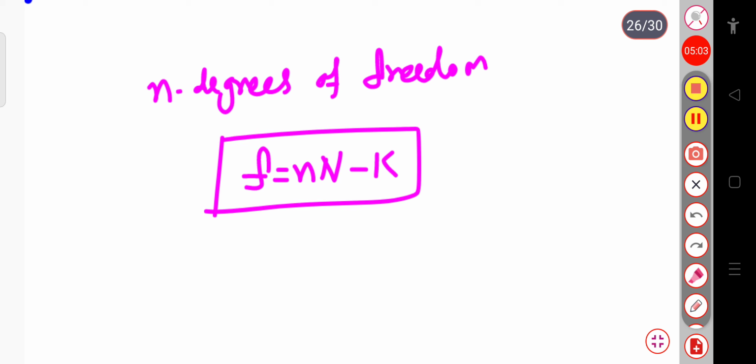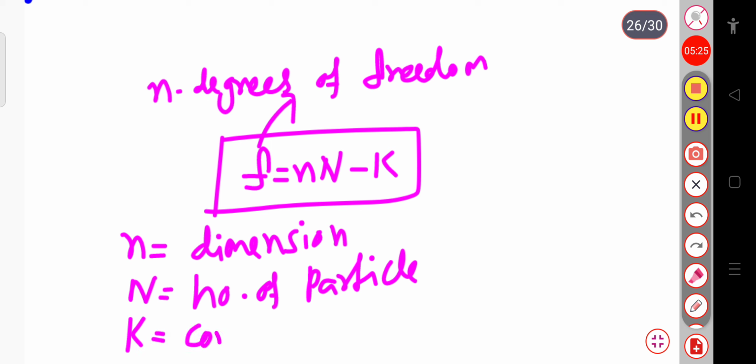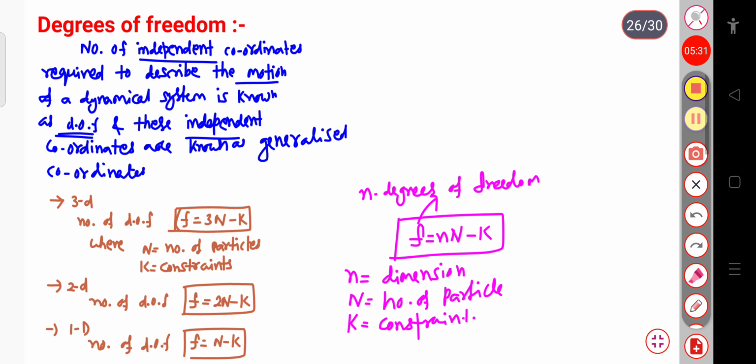Okay, F represents the degrees of freedom, small n represents the dimension, meaning 1D, 2D or 3D, this capital N represents the number of particles present, and this k represents the constraints. Okay, this is the general expression. So if I summarize, the degrees of freedom is basically the independent coordinates, where we are subtracting the constraints. Constraints mean the restrictions.